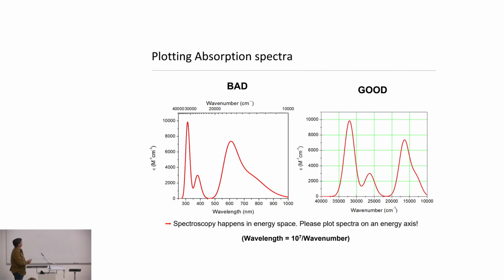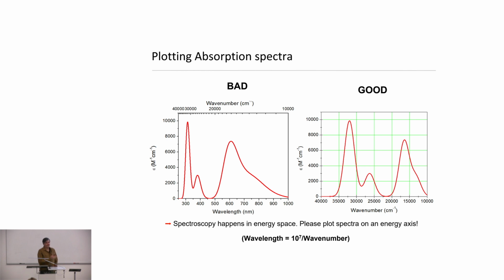And those in the UV region get artificially small. That is also when you start comparing theory and experiment, and you say, I'm only 10 nanometers off, right? 10 nanometers off here is a very large error. 10 nanometers here is a very small error, right?